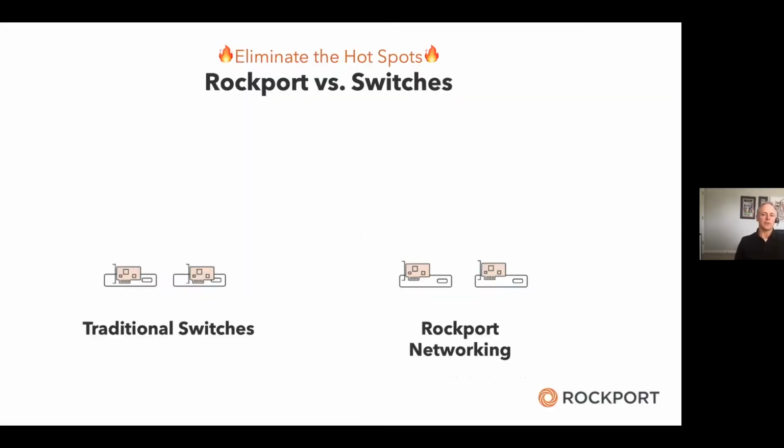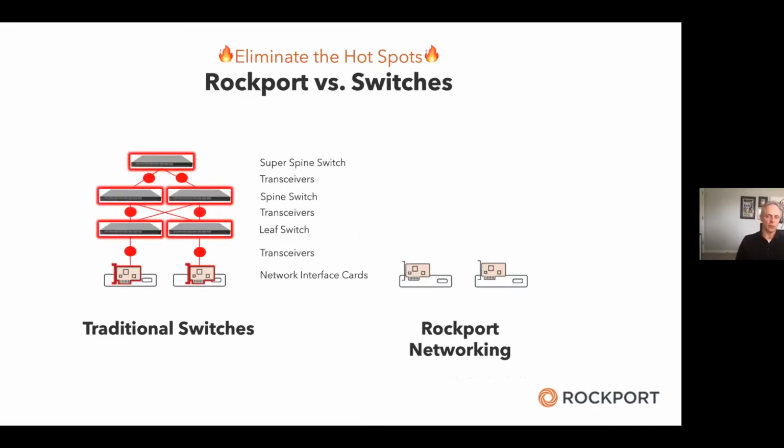So if we look at just a direct comparison, if we look at what you would traditionally see in a regular network, every single transceiver, every switch that you would see in the environment, if we have leaf and spine, or in some very large environments, you might have even a next layer of super spines. Every one of those things is going to require power, and obviously therefore require cooling. What we wanted to do from a design perspective was eliminate that.